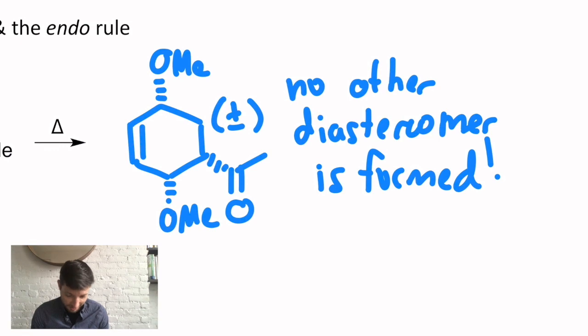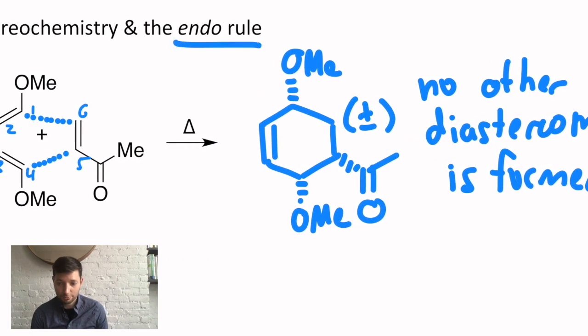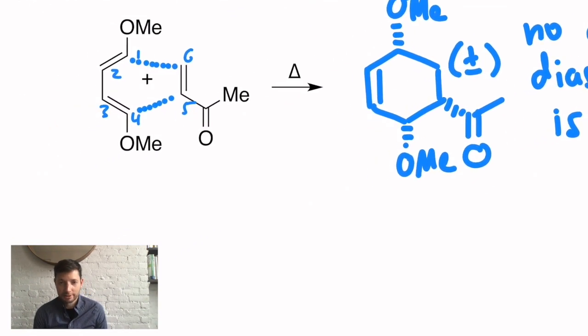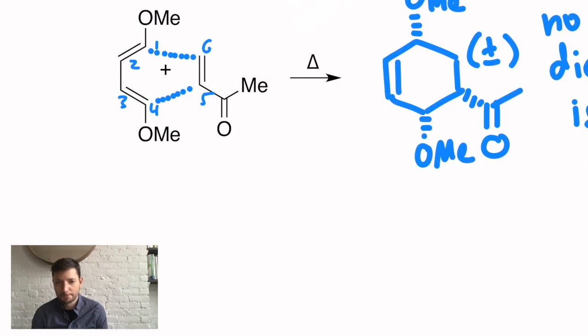The reason for this is because of what's called the endo rule. Now I'm going to describe what the endo rule is, try to draw it in 3D, and then show you a shortcut that some former students of ours came up with.